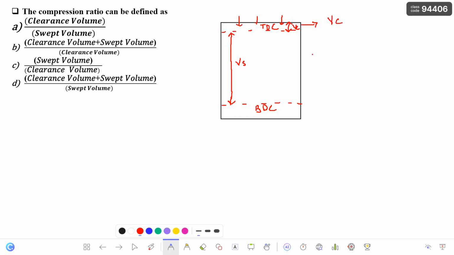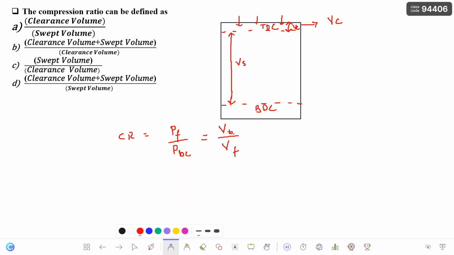So the compression ratio is generally represented as the pressure before compression over the final pressure after compression. If we convert it into volume, it is the volume before compression over the final volume after compression.